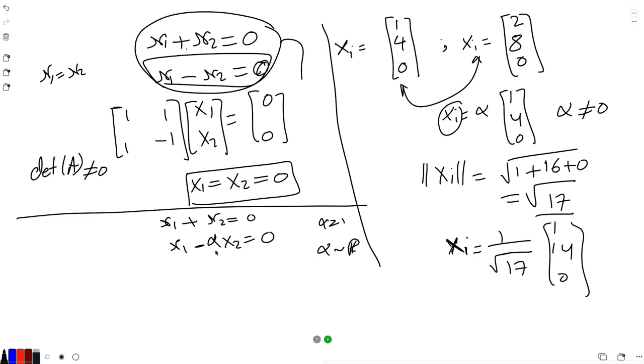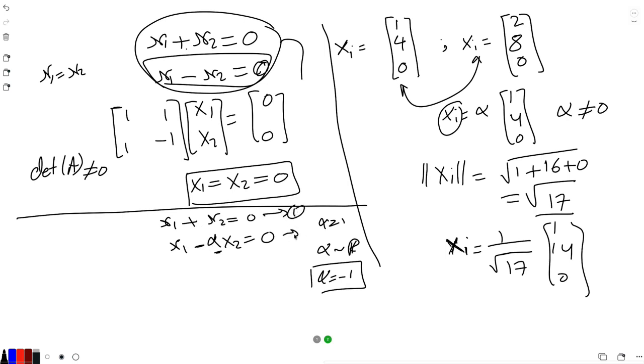Okay, but now by adding this alpha, what alpha value can you add which makes this have a solution other than just the trivial solution? Simply, if we put alpha equal to -1, then we will have the same as equation 1.